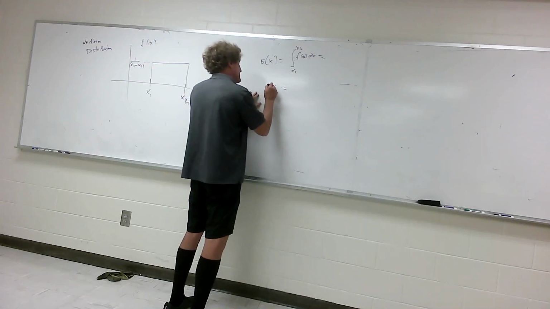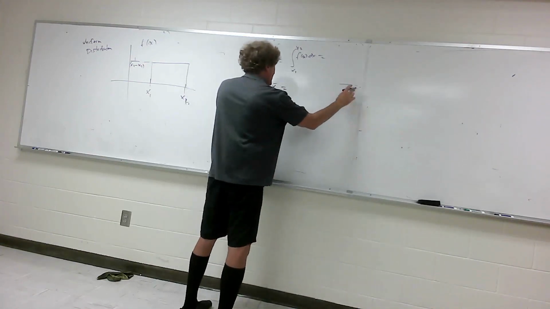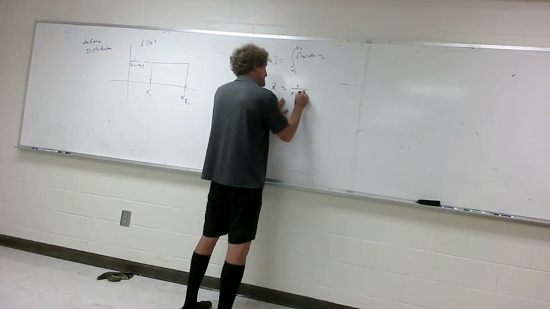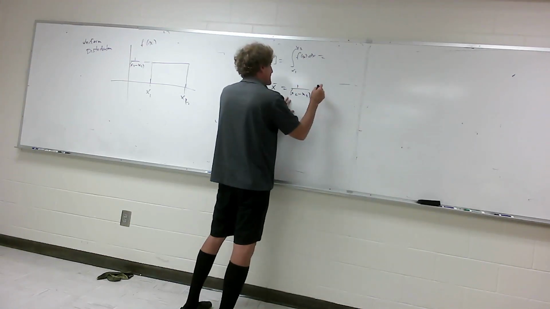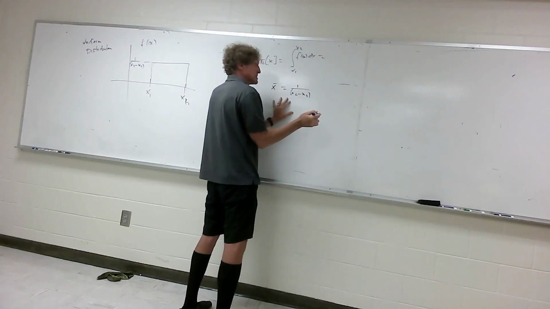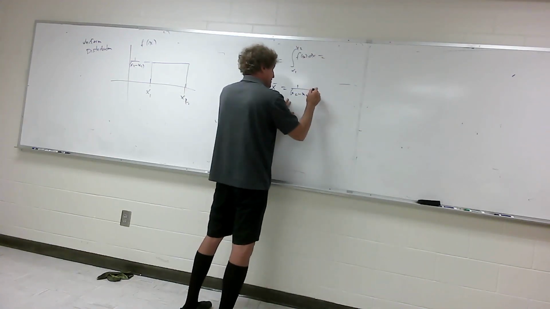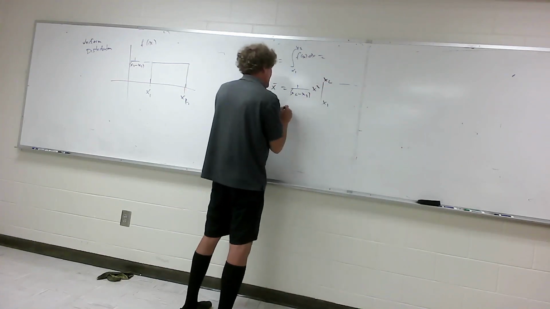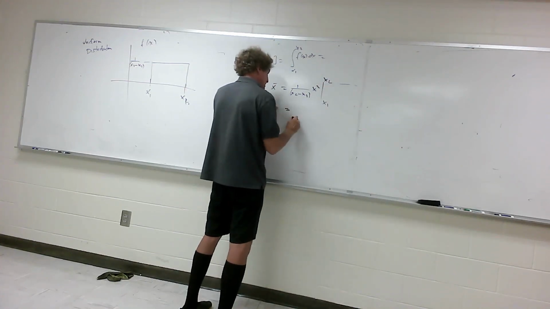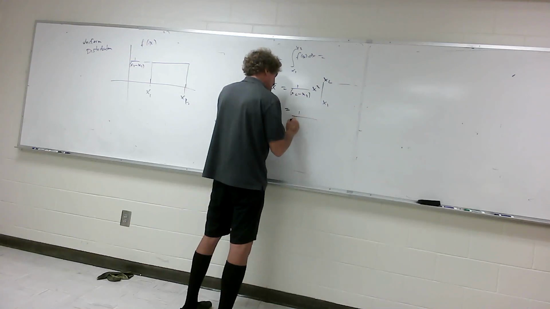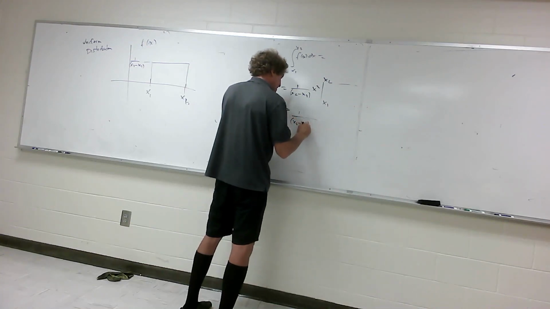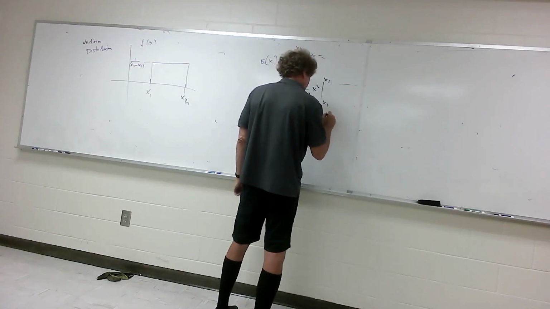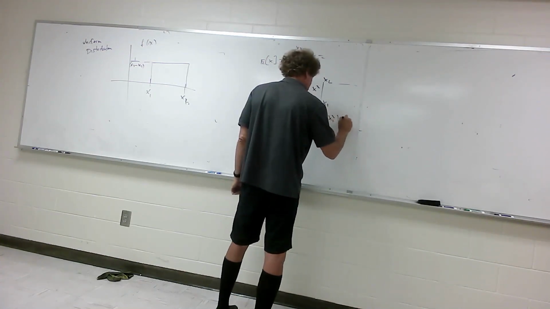So this is listed as x bar. Here I take the density function, which is 1 over x2 minus x1, and then I integrate x times dx, which is x squared over 2, so I get x squared evaluated from x1 to x2. Here I get 1 over x2 minus x1, and then I get x2 squared minus x1 squared. I'm going to just show you the trick real quick.